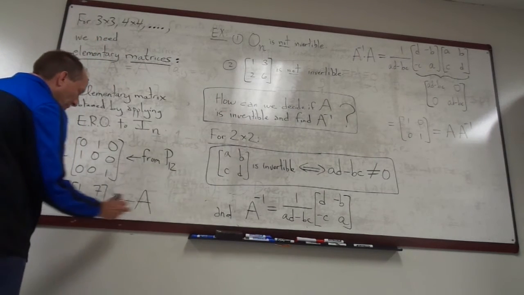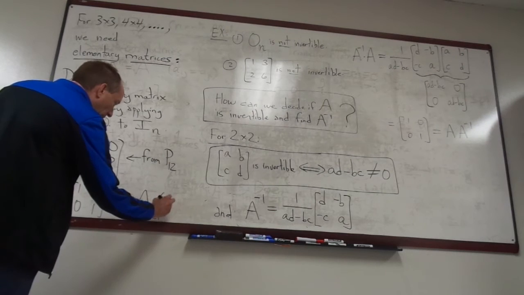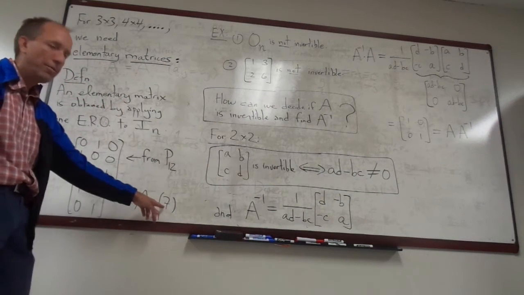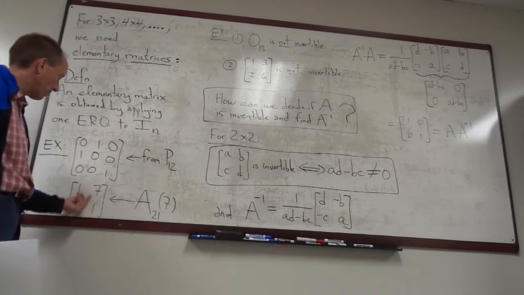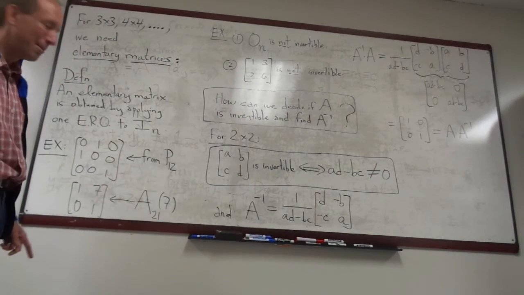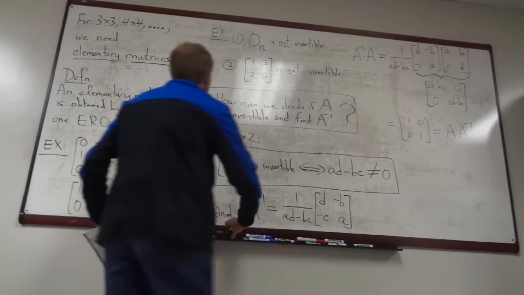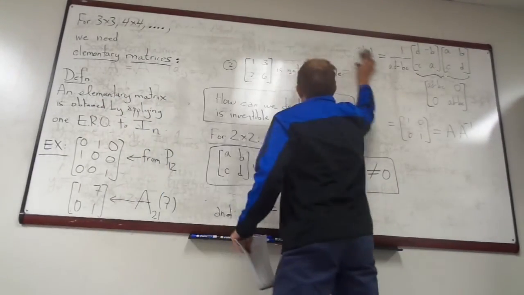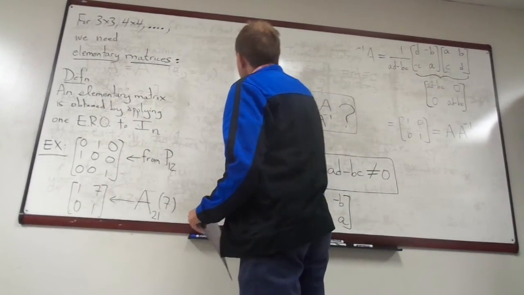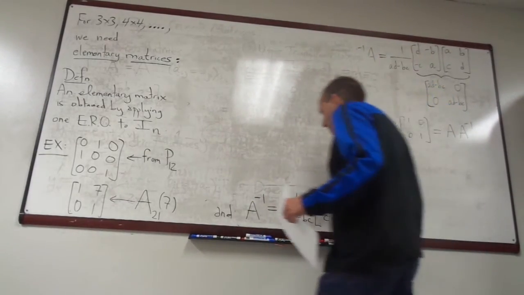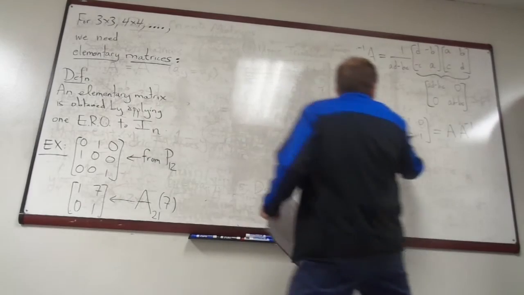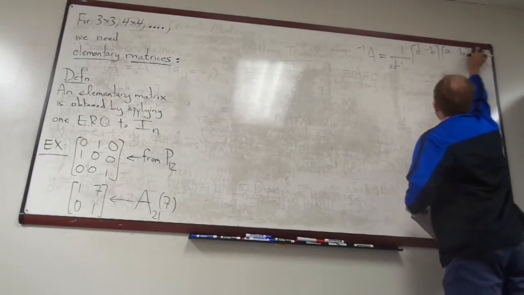So the A operation, I'm going to take 7 times the second row of the identity matrix and add it to the first row. Well, that's just going to put a 7 in the upper right corner there. So that's also an elementary matrix. Anything that is one ERO application applied to the identity matrix is considered an elementary matrix.